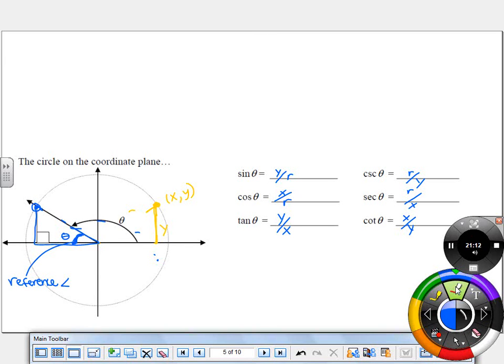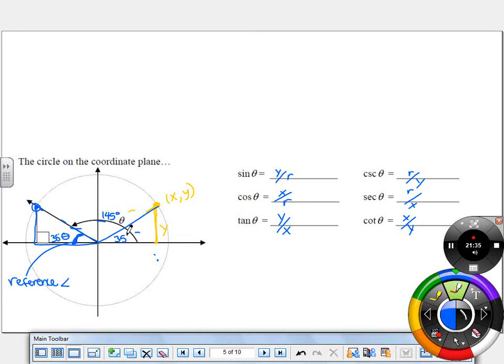What's 180 minus 35? 145? Let's say that this angle is 145 degrees. Right? So when I draw that 145-degree angle, how much is left right here to get to 180? 35.